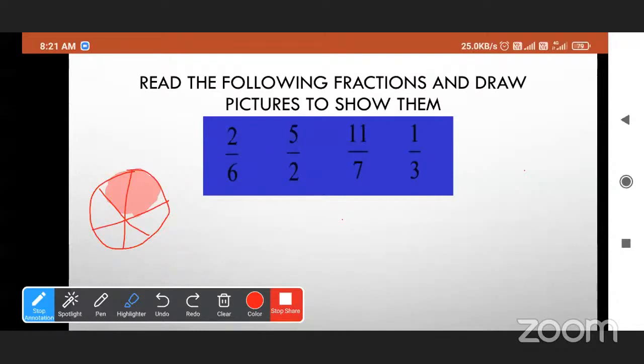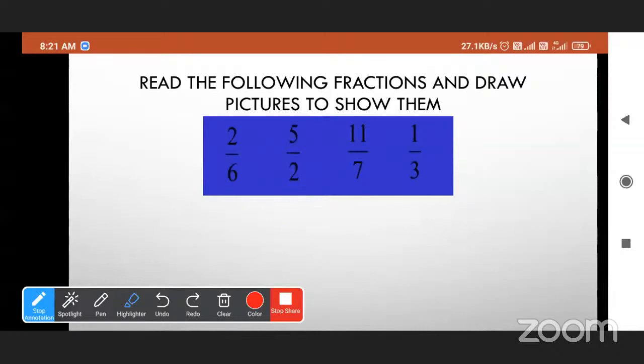See here, the denominator is smaller than the numerator. So, how would we draw it? We draw 5 and color 2. It is wrong, no? Yes. Because here the total parts given are 2 and we have to color 5. So, this is wrong.